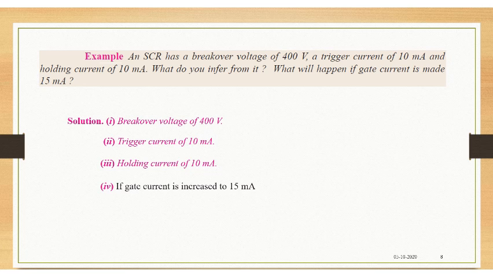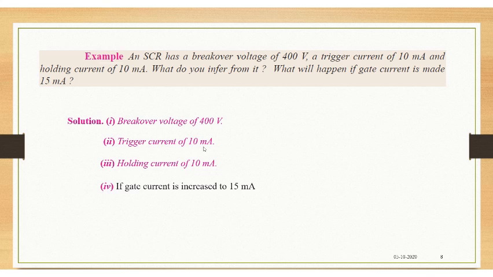Remember the characteristics: even if the applied voltage is less than the breakover voltage, you can make this SCR turn on by giving some control signal at the gate terminal. So if my gate current is 10 milliamps as specified by the manufacturer, this is the minimum gate current required to turn on the SCR. That's the meaning.